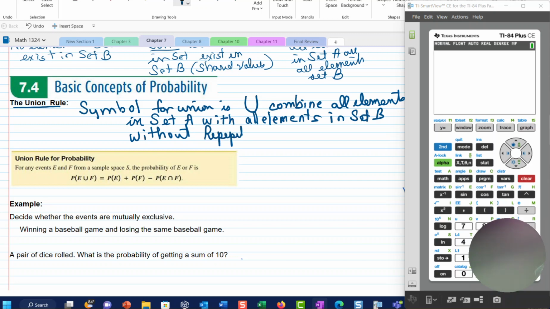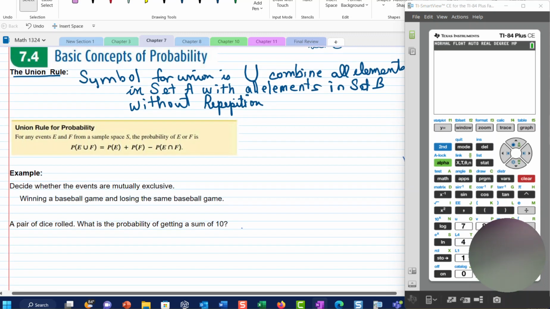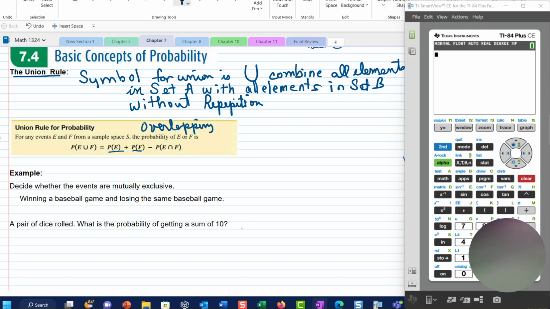Repetition is because if they share some same elements in each set, you don't want the repetition of those items. If there is an overlapping, that means that we would have the two sets, E and F, and then we'd have to subtract the set of shared elements.